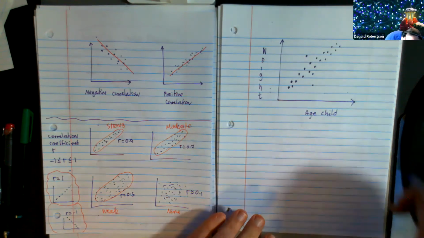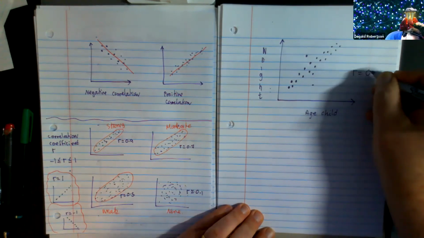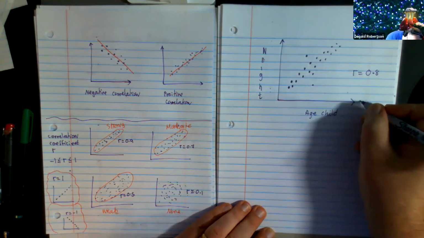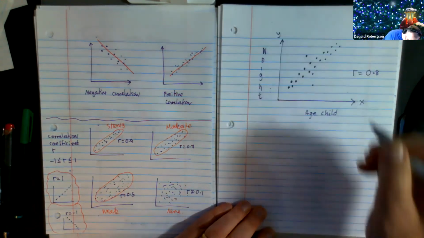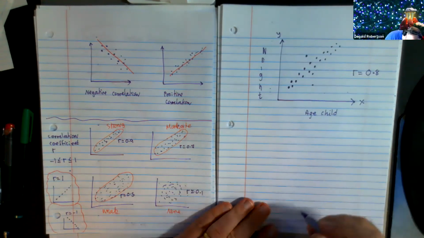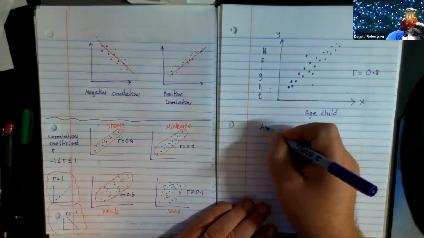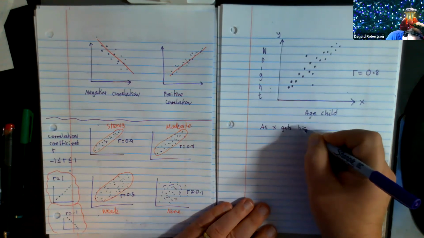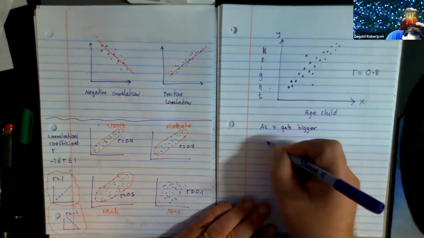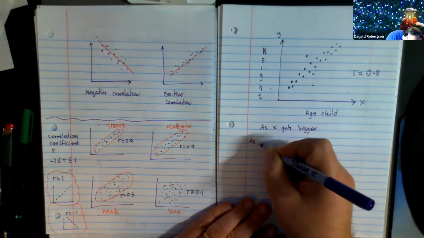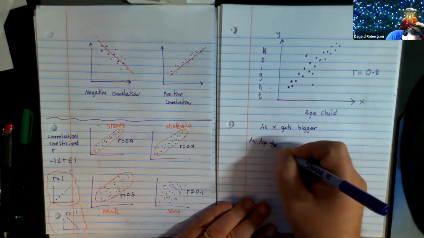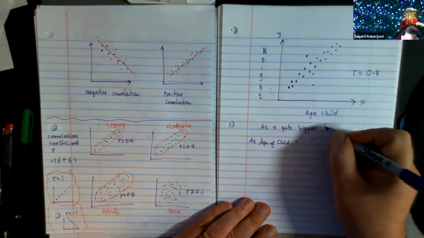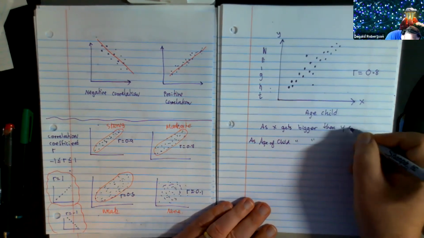Now, if I tell you that the R value for this happens to be 0.8, and this is the x-axis and this is the y-axis, then I can say with a pretty degree of certainty, as x gets bigger, so in this case, as the age of the child gets larger, then y gets larger.